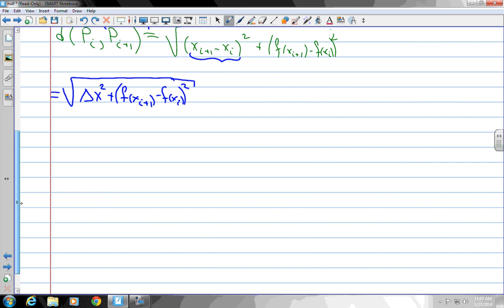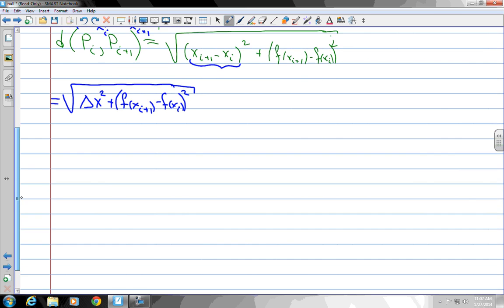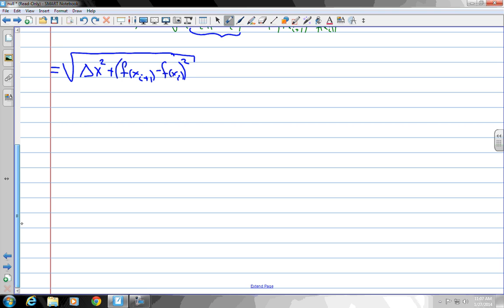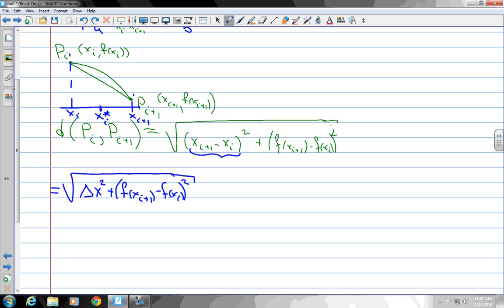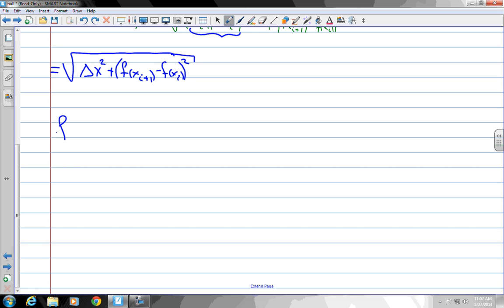There's a mathematical definition of a smooth curve. My claim is that there is such a point somewhere on that interval so that f prime of x sub i star is the same as f of x sub i plus 1 minus f of x sub i, over x sub i plus 1 minus x sub i.